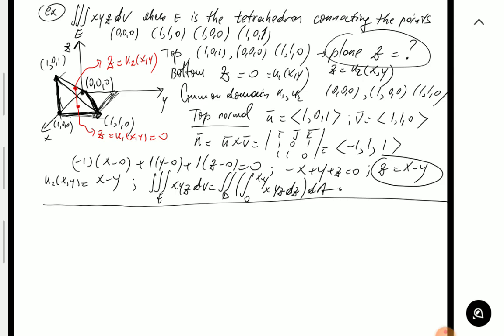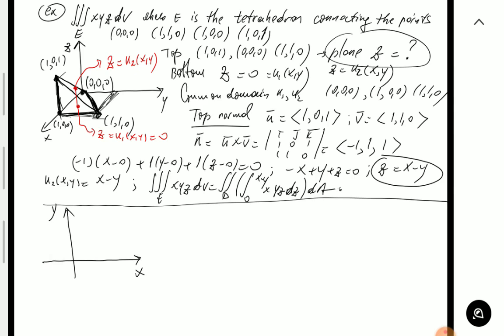So the domain for the xy part, I mean the common domain of u1 and u2. Yeah, let's take it apart and sketch it in the y-x plane. Because again, remember, we need to split this using Fubini's theorem for this double integral on the outside. And in this case, it's really useful to actually visualize it in the plane, so you can decide whether you do it as a type 1 or type 2 domain.